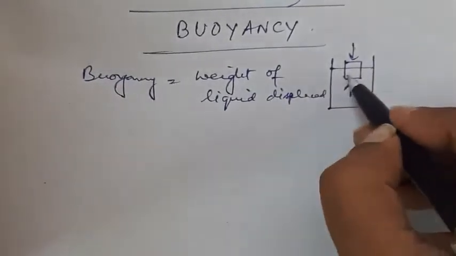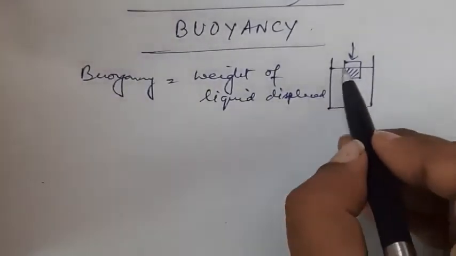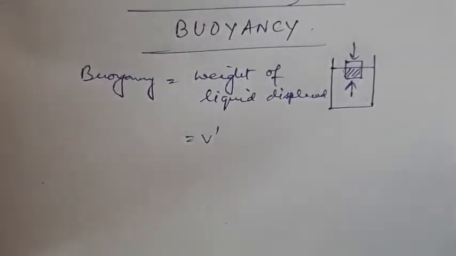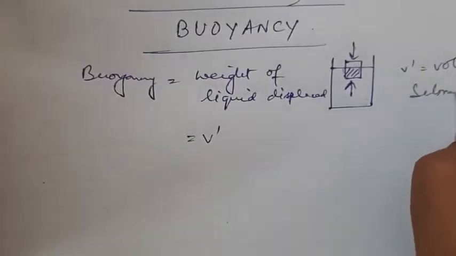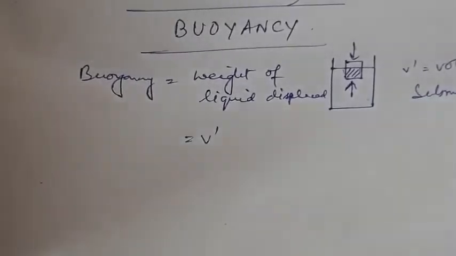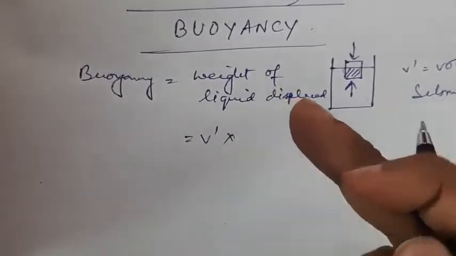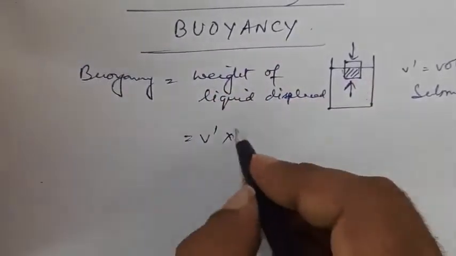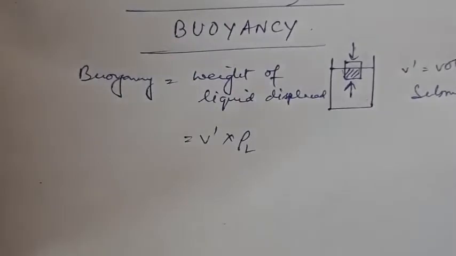That means this part of the solid has displaced some part of liquid. Now the volume of this part of the solid, let it be V dash. So V dash is the volume submerged into the liquid. So V dash into the density of the liquid, and not that of the solid, gives the weight of the liquid displaced. The density of the liquid is rho L.